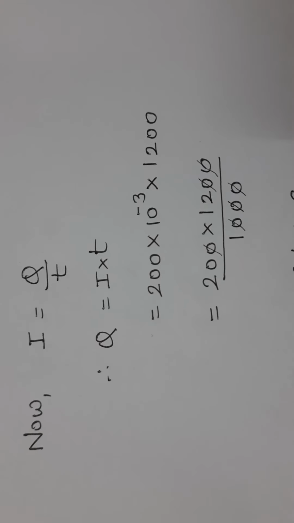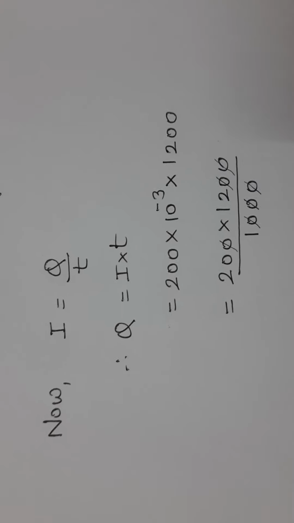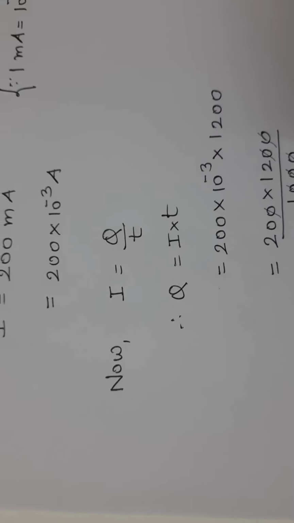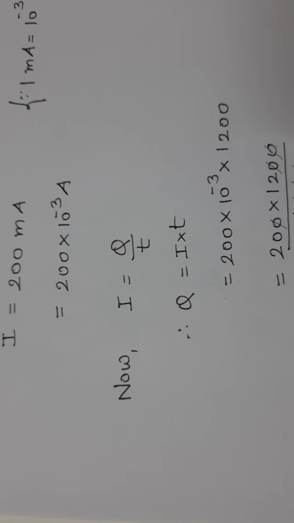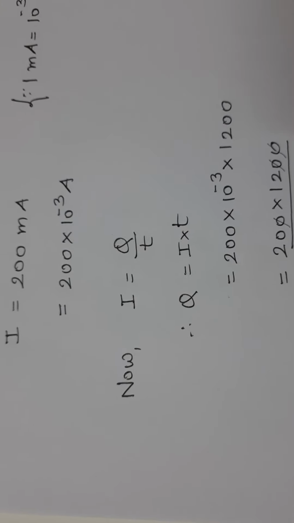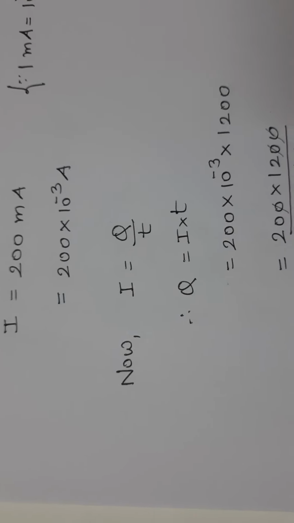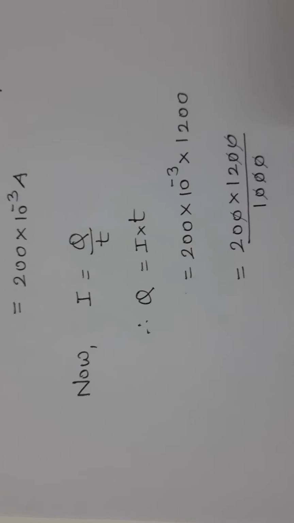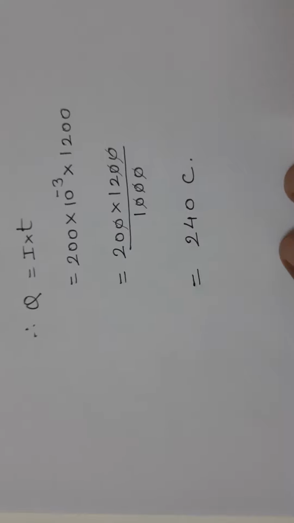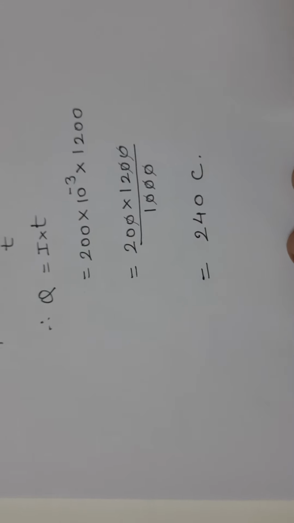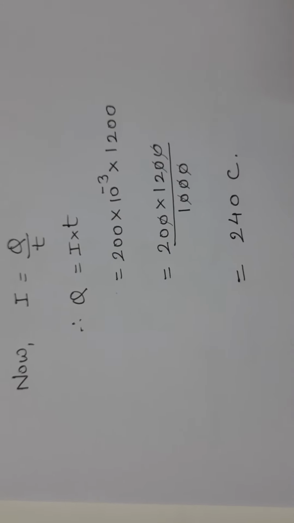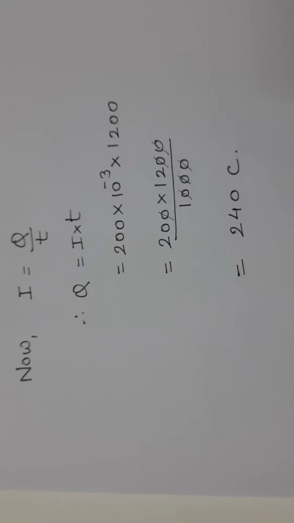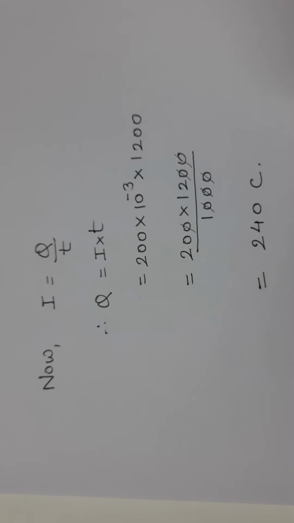Now just imagine, 1 coulomb of charge can be produced by 6.25 into 10 raised to 18 electrons. So on the basis of that, you can calculate how many electrons might be flowing through the circuit. 6.25 into 10 raised to 18 into 240 number of electrons, a very large number.